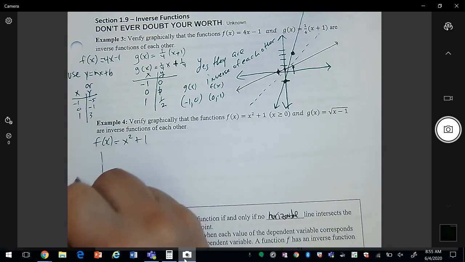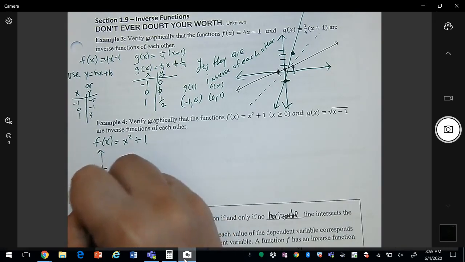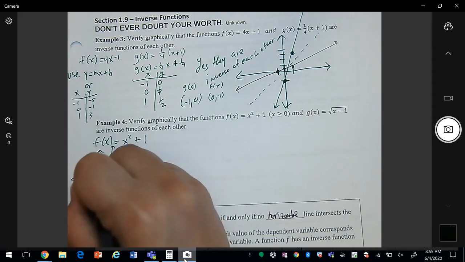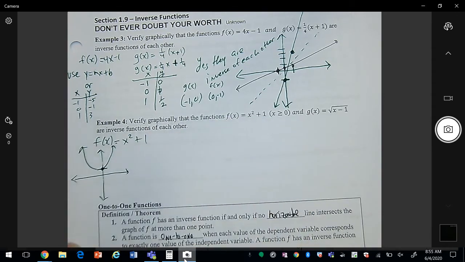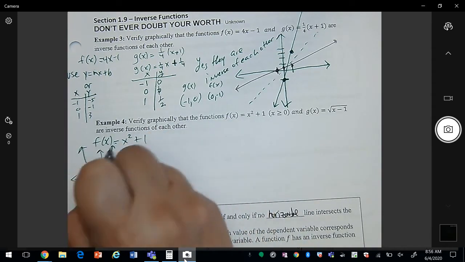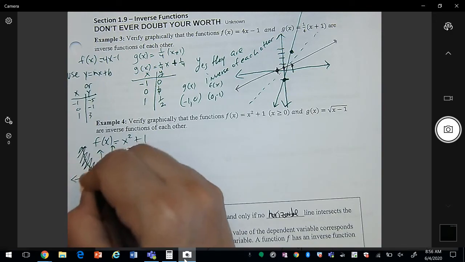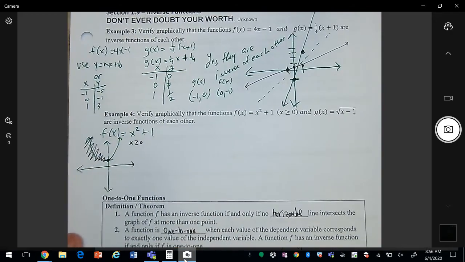If I graph this using the transformations that we learned in the previous section, my graph looks something like this. However, we're not going to include the left side.